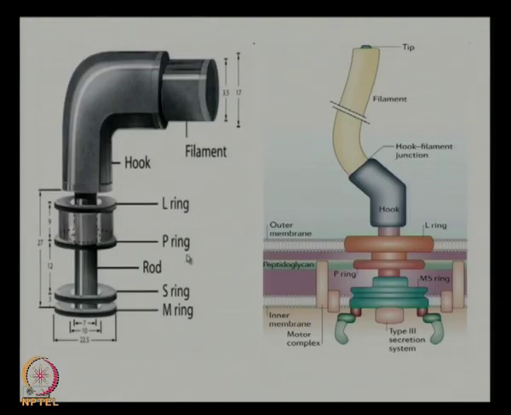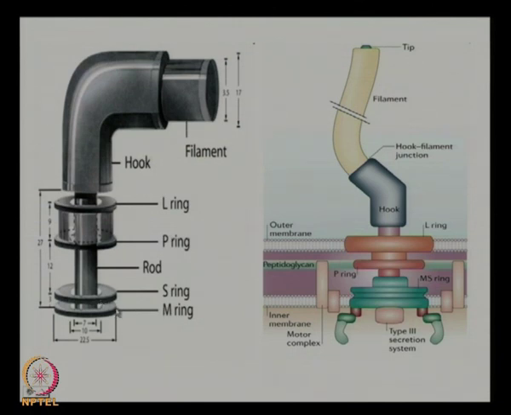Now, if we see the structure of this flagella, this is the filament, this is the hook and this is the basal body, and in this basal body different types of rings are there.